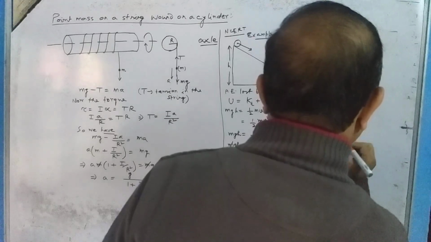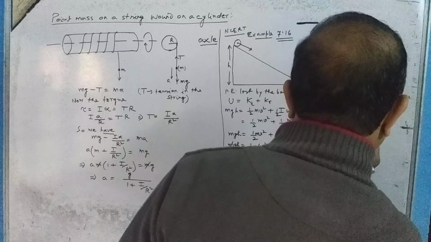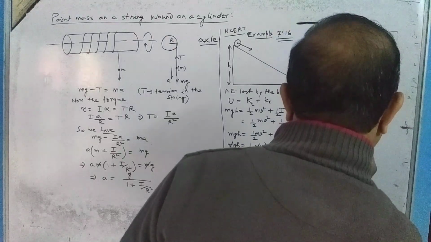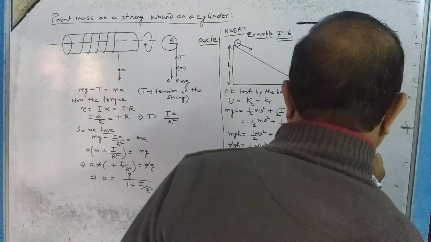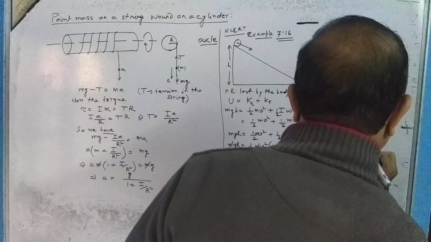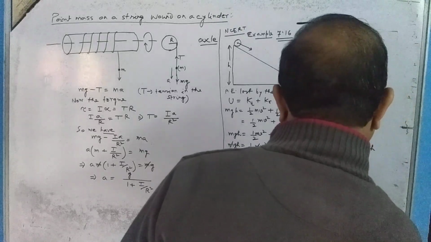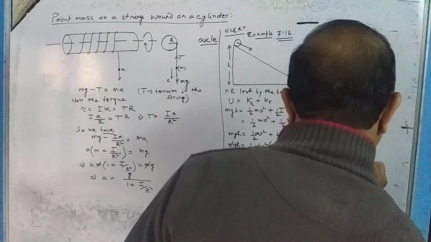This will be cancelled. How much do we get? It will be 3 by 2, so 4gh by 3. That means you can say it is 1.33 gh. So Vc is equal to root of 1.33 gh.